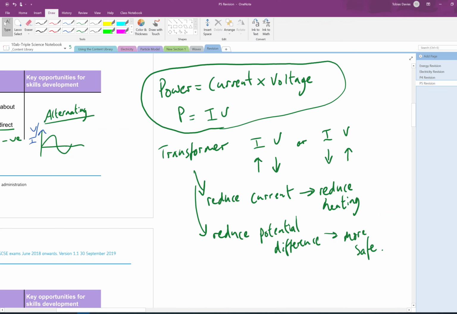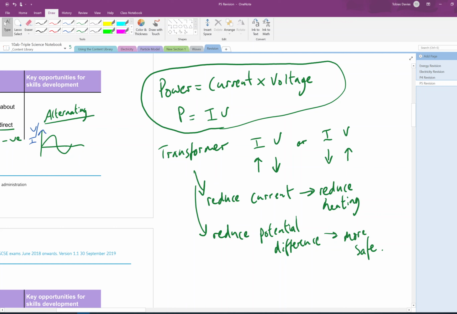Because you have a constant power, if the current goes up, the power has to go down. Sorry, if the current has to go up, the voltage has to come down. And if the voltage goes up, the current comes down. So that means that the power will stay constant.